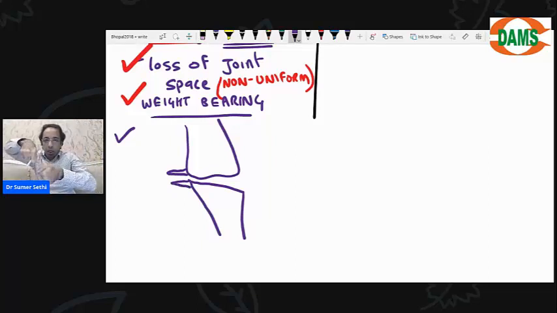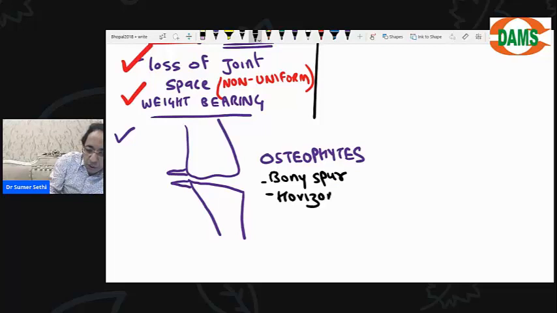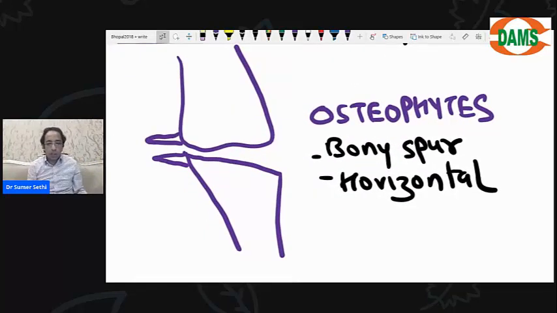So the bones around the joint will have horizontal overgrowths, which are written as osteophytes. What are osteophytes? What do you write in your notes? Bony spurs from the articular surface which are horizontally directed. So in osteoarthritis you will develop horizontally directed bony spurs.